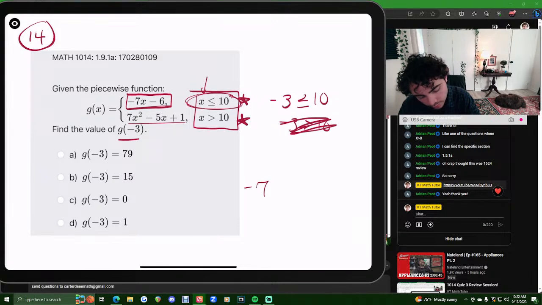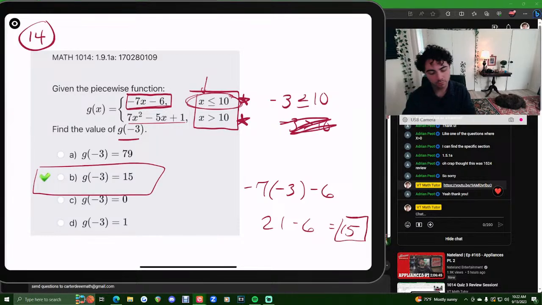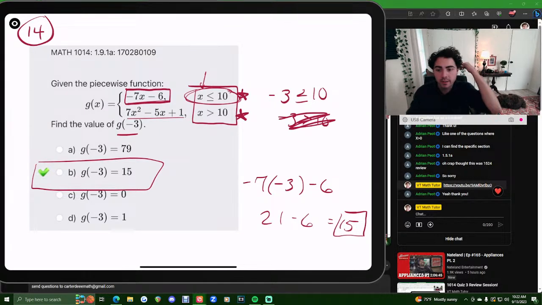So we plug in -3 to that piece because -3 fit into that piece's corresponding domain. And we just evaluate this. So -7 times -3 is 21 minus 6, that is 15. And we're done. So for finding g of whatever, or plugging some x value into some piecewise function, figure out which interval or domain the x value fits into, and then just plug it into that corresponding piece. Okay.